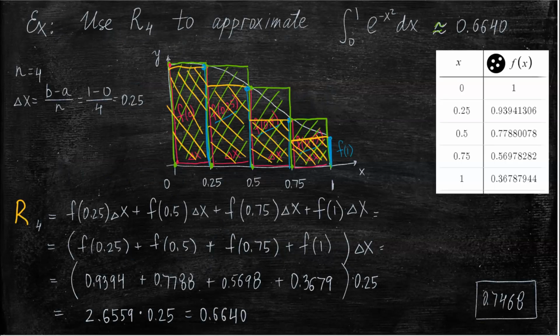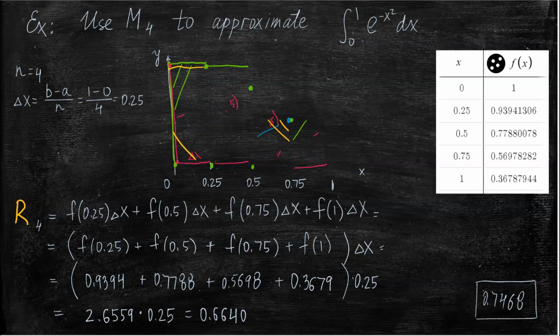So let's take the same exact problem again. And this time we're going to be using M4 to approximate the same exact function. However, I've got to erase everything.